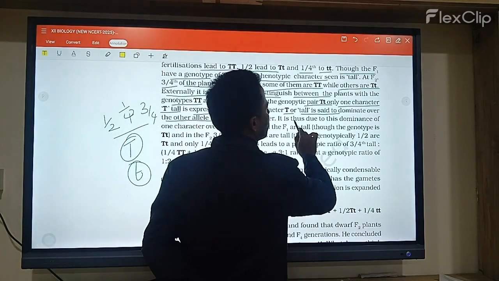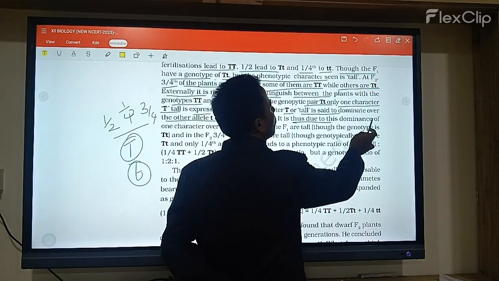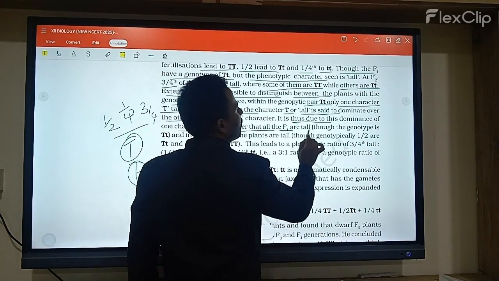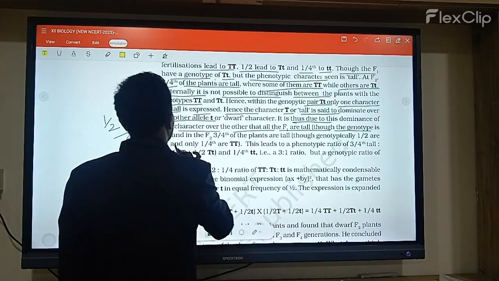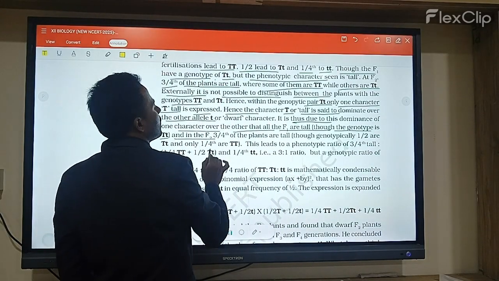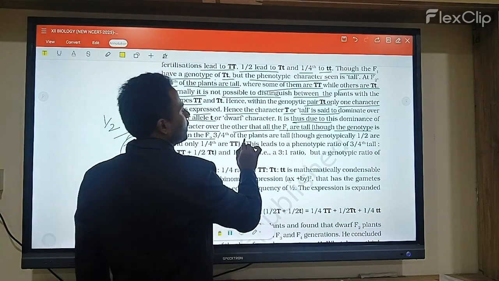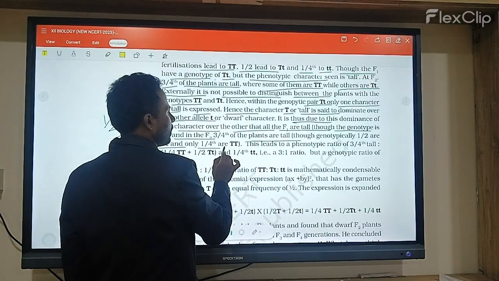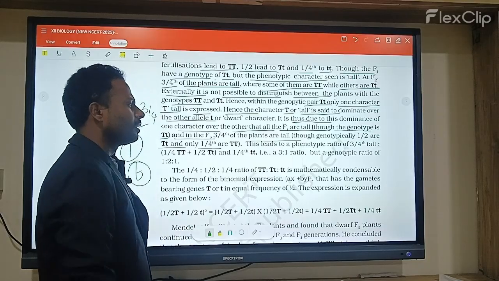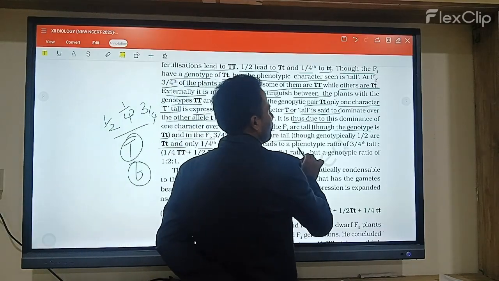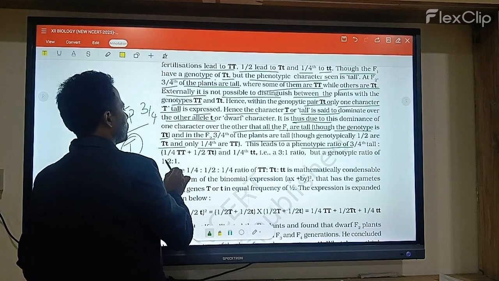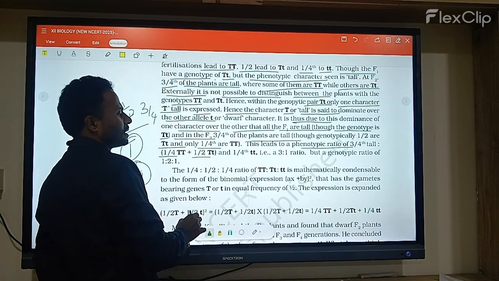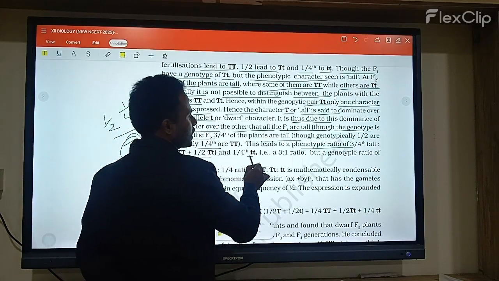Thus, due to the dominance of one character over the other, all F1 have the genotype capital T small t. In the F2 generation, 3/4 of the plants are tall: 1/2 capital T small t and 1/4 capital T. The phenotypic ratio is 3/4 tall and 1/4 dwarf, with 1/4 capital T, 1/2 capital T small t, and 1/4 small t.